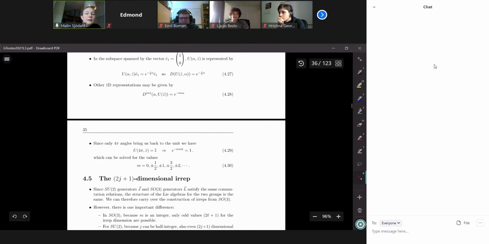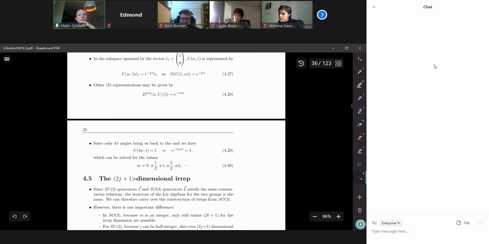And 4 pi, as we have seen, we need to rotate by an angle of 4 pi to bring us back to the identity element. So e to the 2 i m 4 pi should be 1. And this means that m here is some integer, not necessarily integer, some half integer m. The point is here that m can take on half integer values as well.